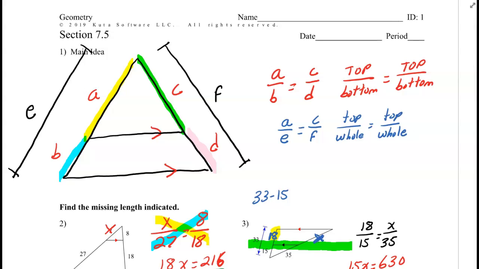Or if you wanted to, you could say the bottom, so you could say B over E is equal to D over F. The bottom part to the whole is equal to the bottom part to the whole. It turns out that all three of these relationships hold true, and sometimes using the blue top over whole or the green bottom over whole makes the problem a little easier.